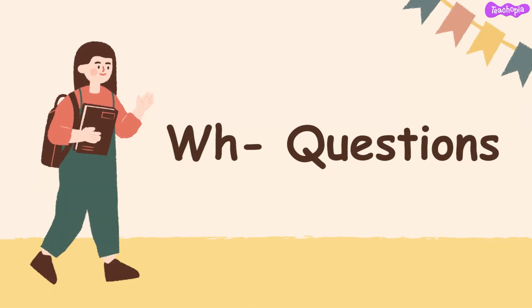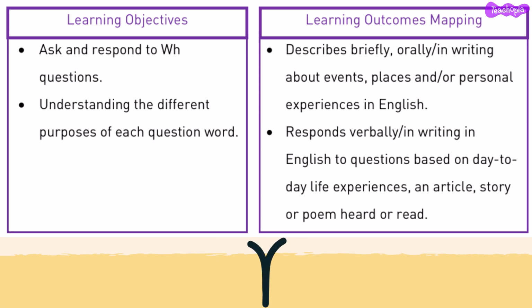WH questions is the concept that we are going to cover with this module, and our learning objectives are to ask and respond to WH questions and understand the different purpose of each question word. The learning outcomes that we map are as follows.